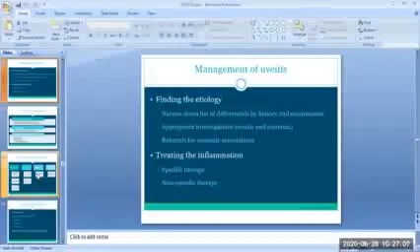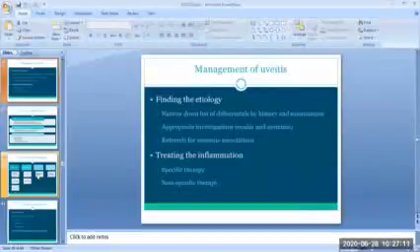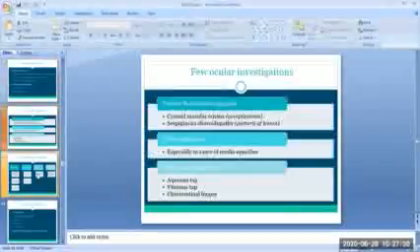There should be appropriate investigations, ocular and systemic, and referrals for systemic associations. Then we should treat the inflammation, that is the iridocyclitis. It will have specific therapy and non-specific therapy.